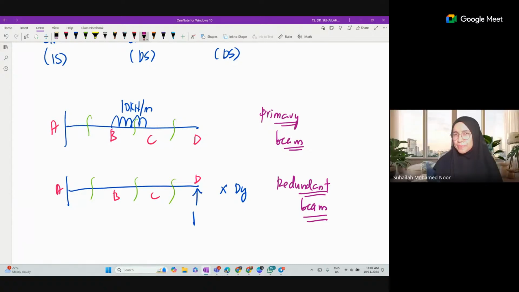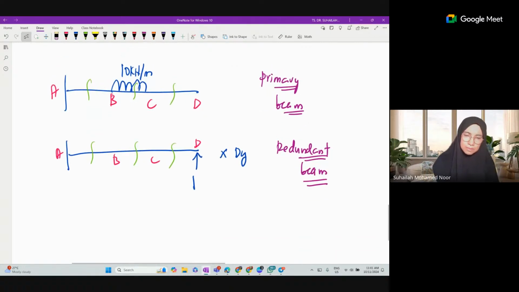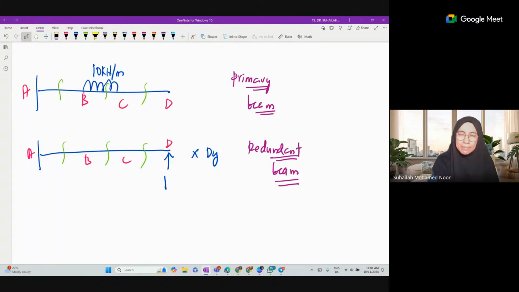What is the topic? Okay, primary beam. Look at the characteristic. It is determinate. It is a cantilever beam subjected to external loading, subjected to real loads. So previously, you have learned this with the same characteristic.